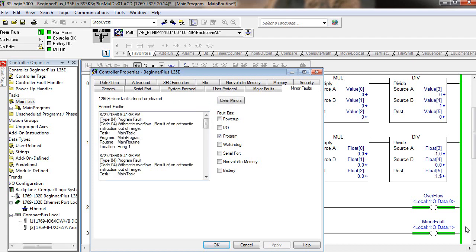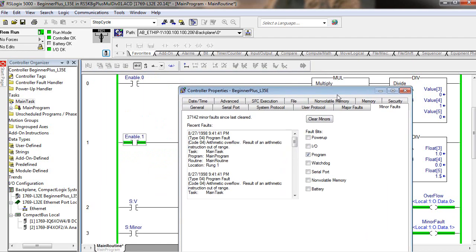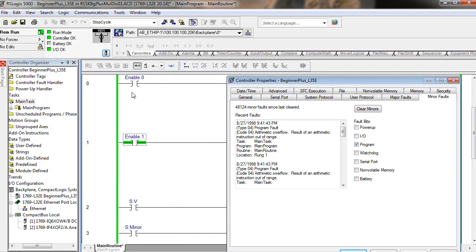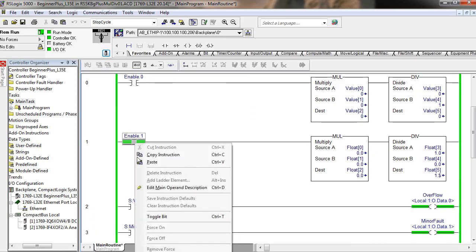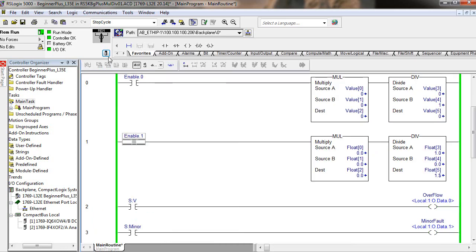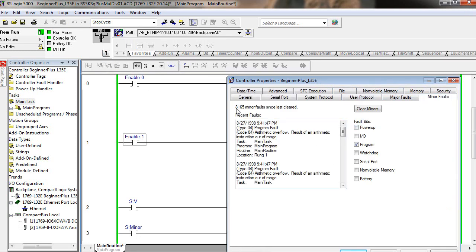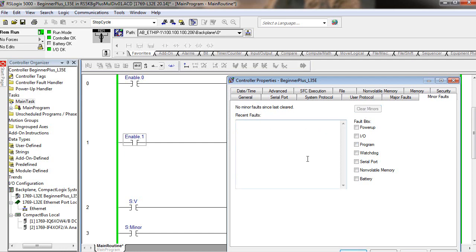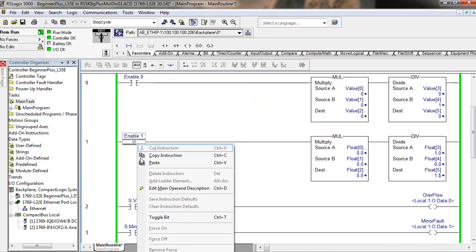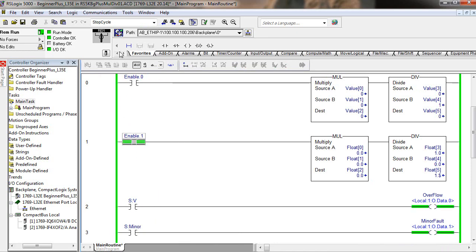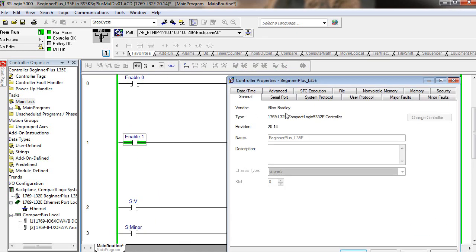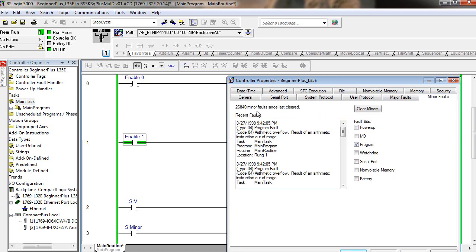See, it comes right back because it still exists here. Now to prove this will disappear, I'll toggle this off, and we'll have to go back to our properties. See, that has stopped accumulating and I can clear it and there's no minor faults. If I turn this back on, go back to controller properties, go to minor faults, now you see it's accumulating and clearing minor faults.